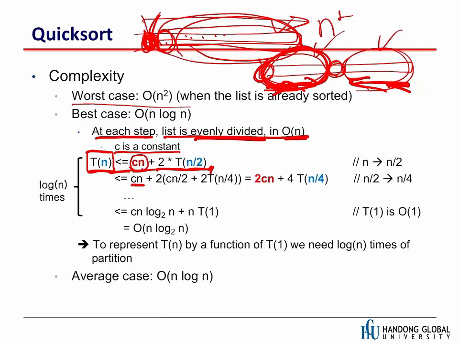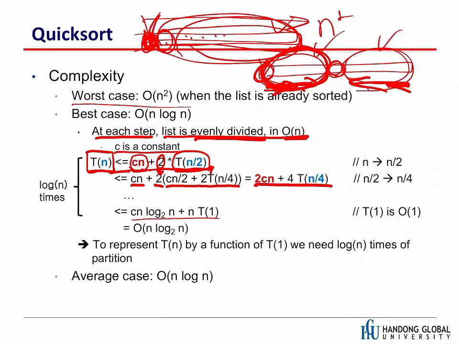So we have a Cn here, and the 2 goes here, and then T of n over 2 can be rewritten by this. So we can rewrite that equation, and if we keep doing this, finally we can get this one.